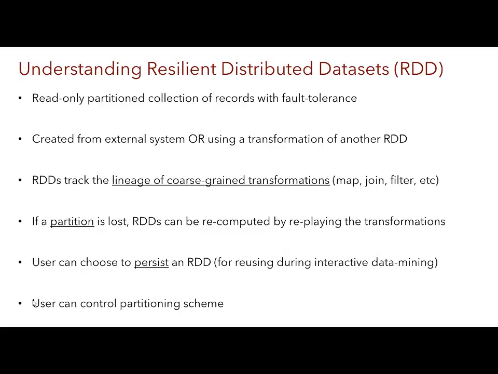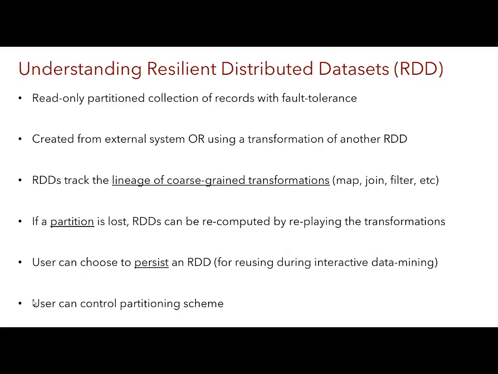And so an RDD is either created from an external system, in our case, in this example, HDFS, and a text file, or it's a transformation from another RDD using one of the operations I mentioned, maps, joins, filters, those type of things. And so what RDDs do is rather than keeping copies of the data as it flows through the system, we already know the data is not changing, meaning the RDD itself can't mutate.